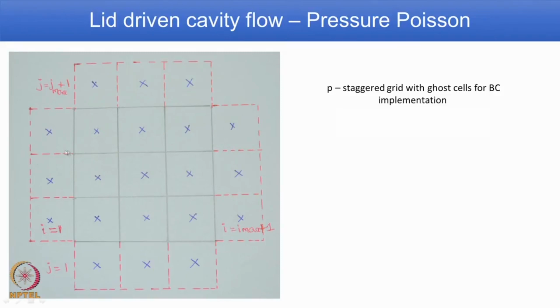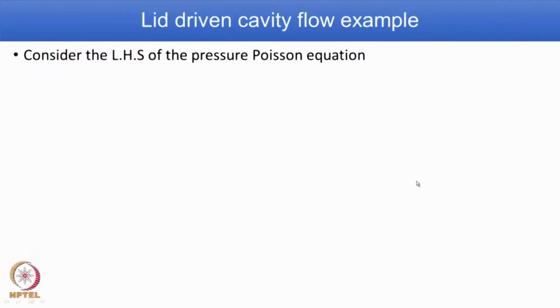So, these are all extra cells in the x direction, similarly in the other x direction, and for the y direction at the top as well as at the bottom. So, this is the P staggered grid with the ghost cell for boundary condition implementation. Because of this extra ghost node or ghost cell, the number of P velocity unknowns now becomes I max plus 1 into j max plus 1.